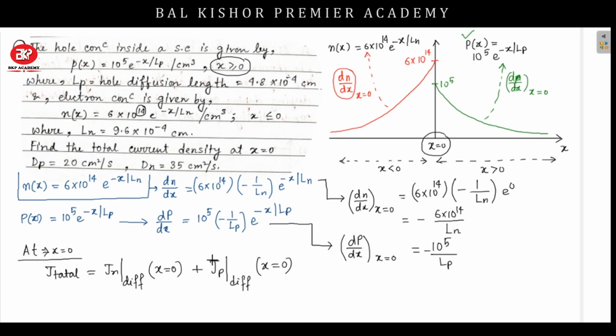So let us find that. So we can write that J total at x equals to 0 is equal to Jn due to diffusion at x equals to 0 plus Jp due to diffusion at x equals to 0.